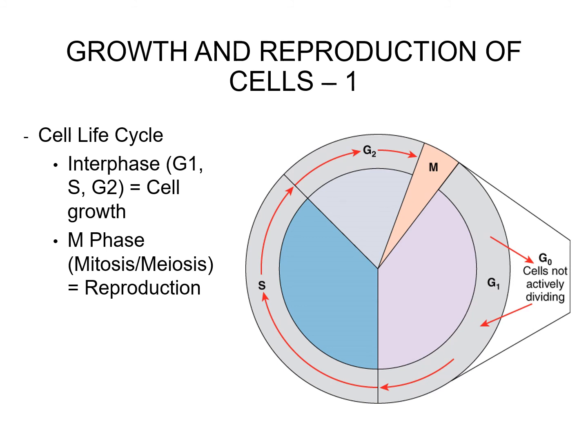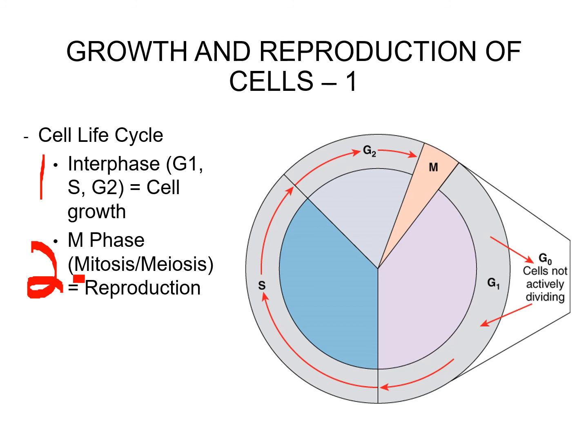So what this whole process is called is the cell life cycle. The cycle of life, right? And the cell life cycle consists of 2 phases. Number 1 is called interphase. And then the second phase is called the M phase. And you can see the M could stand for 2 different things.